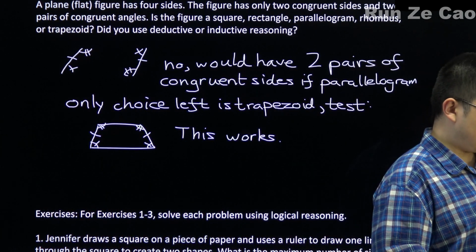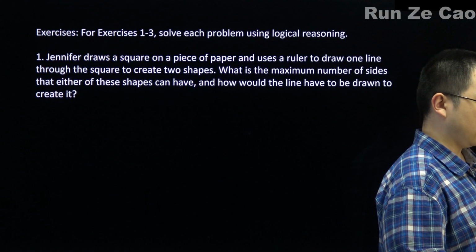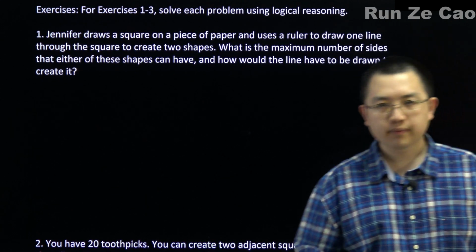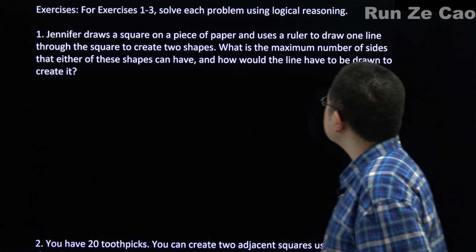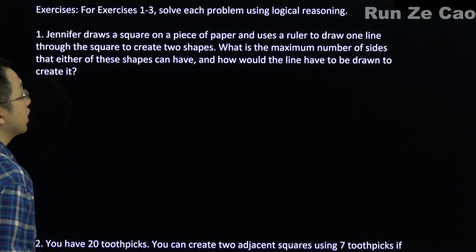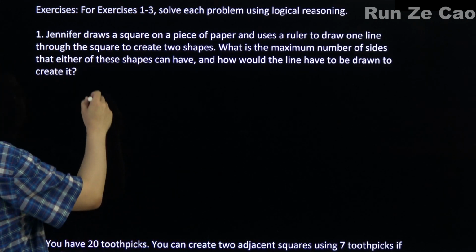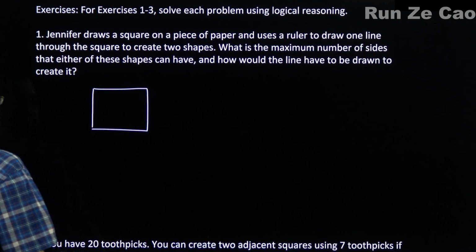Now, let's say we have some exercises. Use logical reasoning for each problem. Jennifer draws a square on a piece of paper and uses a ruler to draw 1 line through the square to create 2 shapes. What is the maximum number of sides that either of these shapes can have?